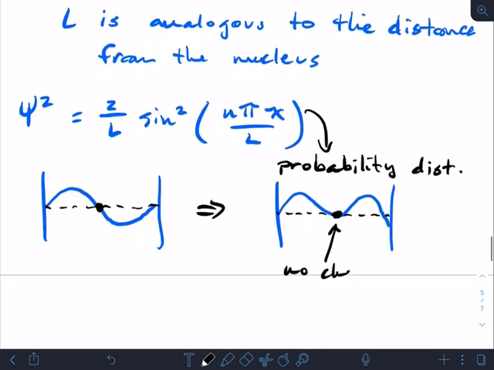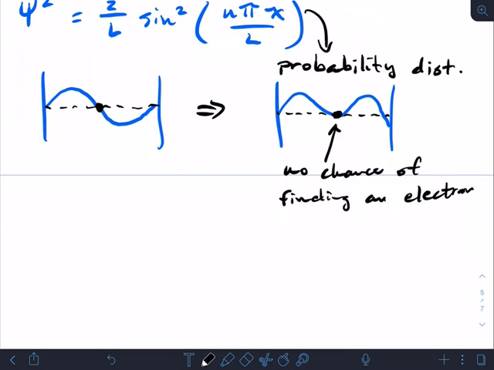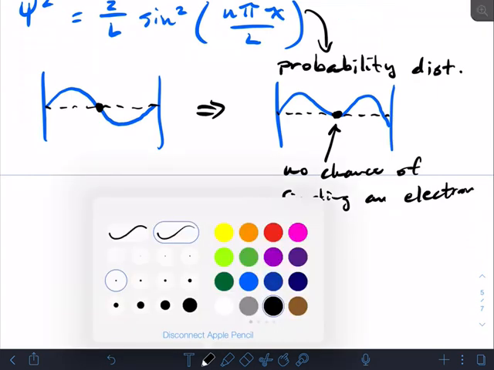And what that does is it tells me there's no chance of finding an electron there, because that's at a node. This is why we care about the nodes: they tell us where we're not going to find electrons.